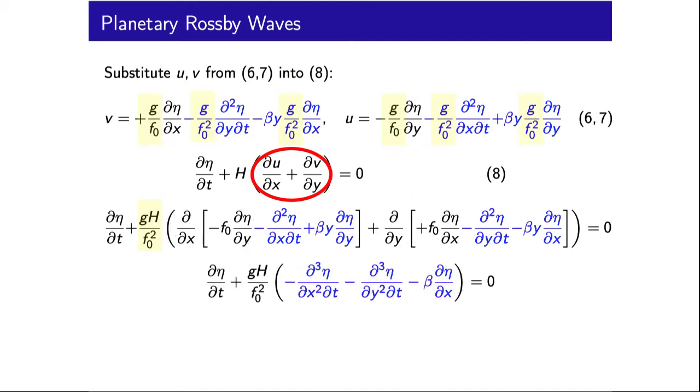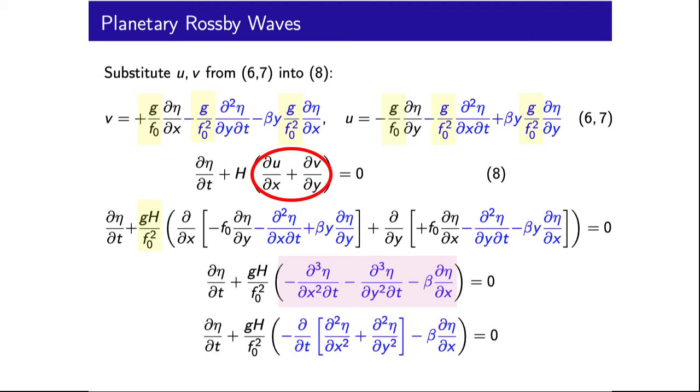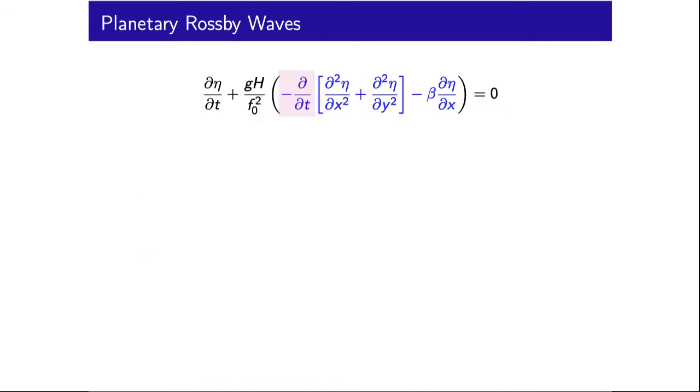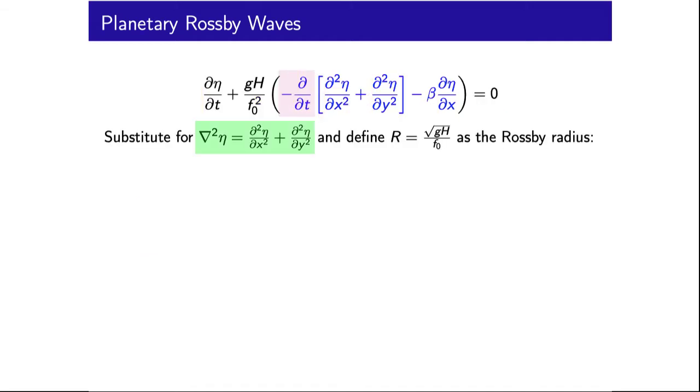So we are left with these three terms: the third derivative of eta by dx squared dt, the third derivative of eta by dy squared dt, and a term with beta times the x gradient of eta, which survives because of the product rule. We can pull out the time derivatives from these first two terms and substitute the Laplacian operator for the second spatial derivatives of eta.